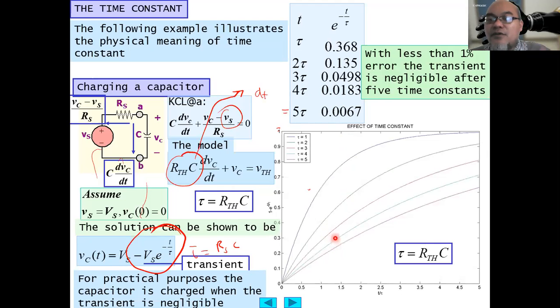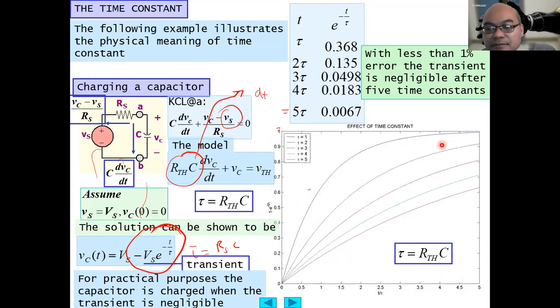If we draw in a graph the capacitor voltage as a function of time, with the x-axis normalized against tau, so time over tau, the maximum value is Vs, so this is Vs times 1 minus exponent minus t over tau.